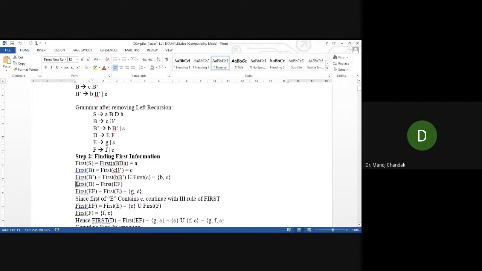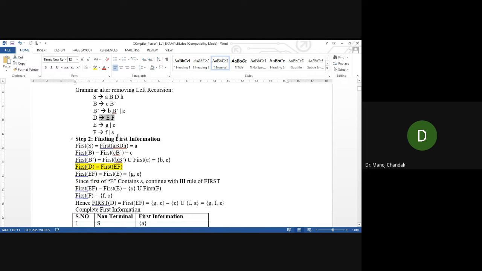Now the important part is here. This is the important part. First of D is nothing but first of EF, and now you calculate first of E. So the problem is, as soon as you find an epsilon, epsilon is the null character, and if it is there in first, it will create a problem because it will not allow you to move further. Okay. So first of EF is equal to first of E, and first of E is G epsilon.